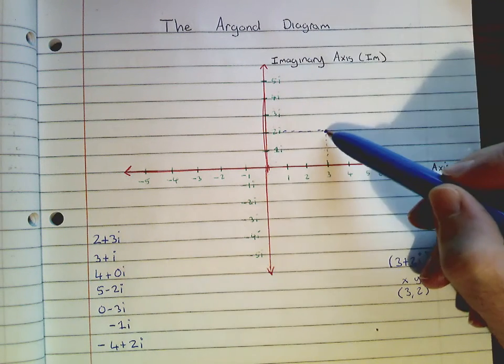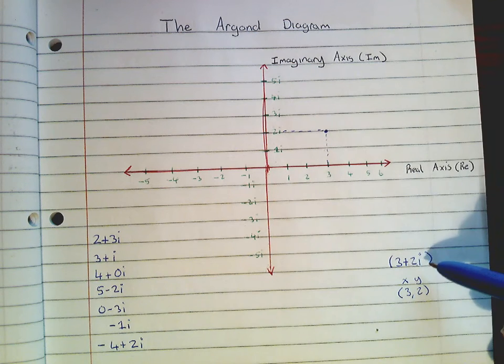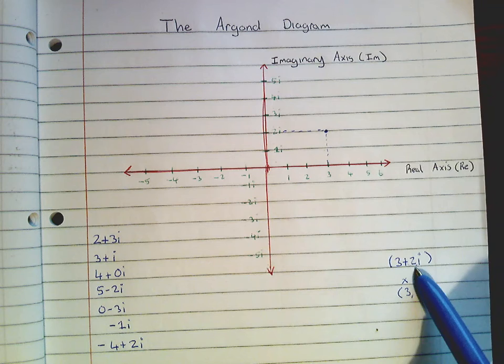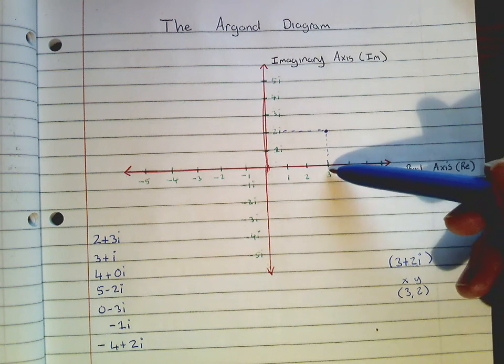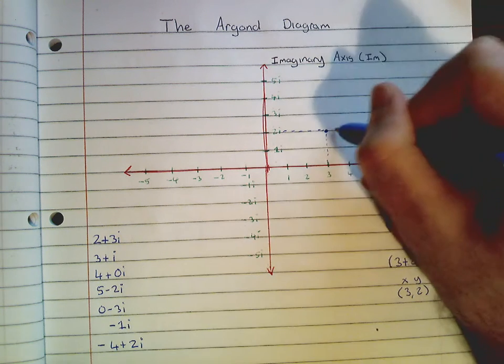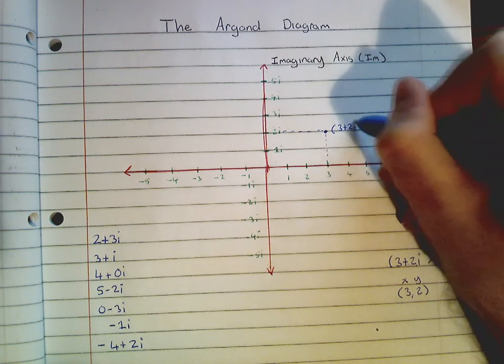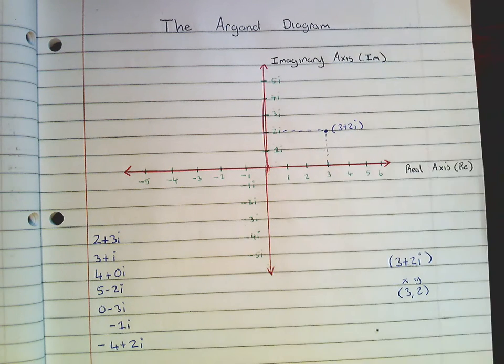This point represents this complex number. The imaginary part is 2i and the real part is 3. So this is the point 3 plus 2i, like so.